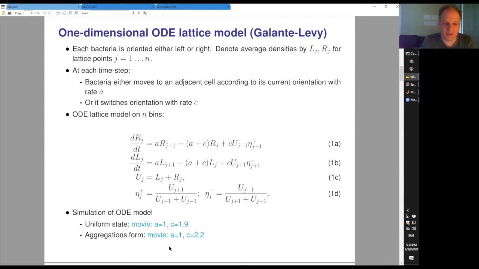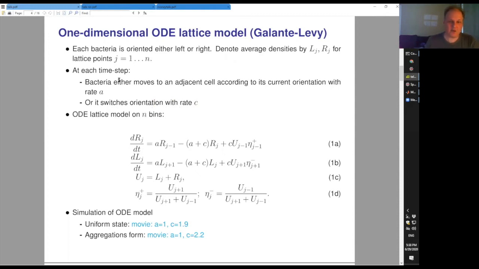Okay, so Levy and Galante, his student, wrote down an ODE model for this in the 1-dimensional case. In 1 dimension, you have left-moving and right-moving bacteria, okay? At each time step, a bacterium either moves to an adjacent cell according to its current orientation with some rate A, and with some other rate C, it switches its orientation towards one of its neighbors.